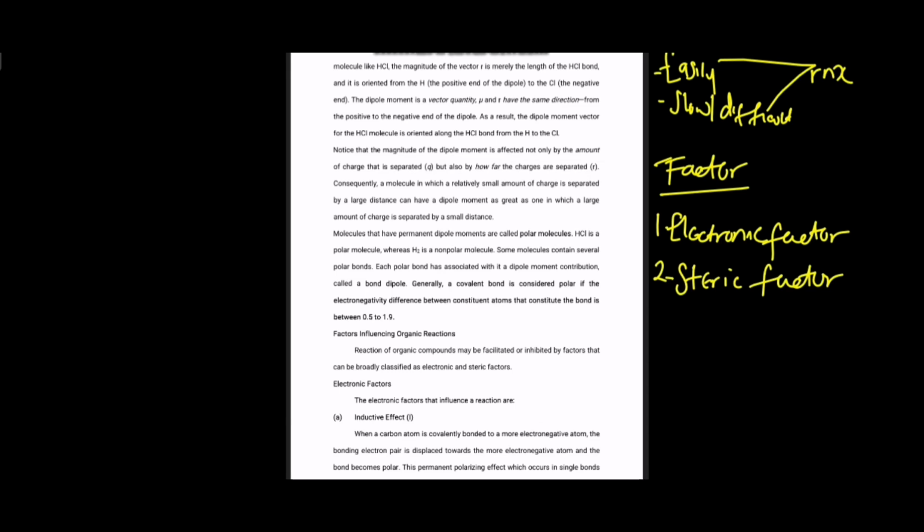I said that if carbon is bonded to a more electronegative atom like chlorine, the chlorine pulls electron more strongly towards itself. Then as it pulls electron towards itself, the carbon becomes slightly positive.